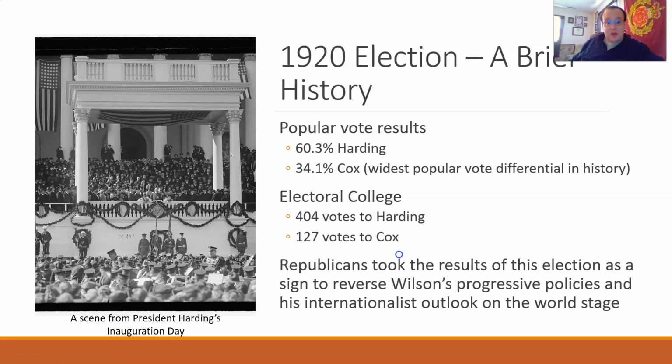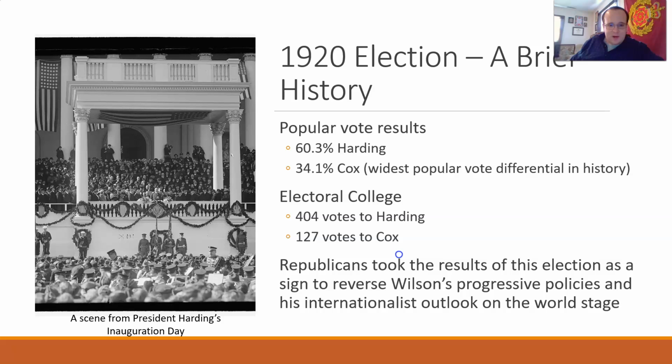So again, they lost big. 60.3% of the vote went to Senator Harding, and 34.1% went to Governor Cox. And that is the widest popular vote differential in American presidential electoral history. And the Electoral College.